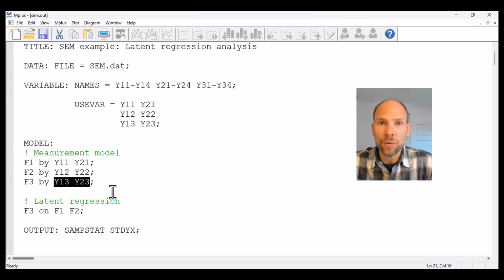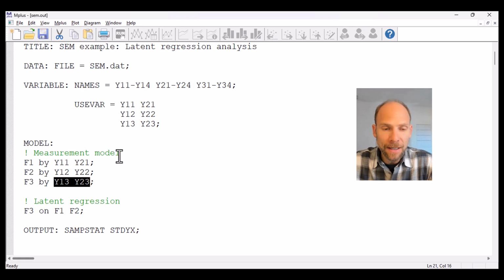By using two indicators that each may be less than perfectly reliable, we can correct for random measurement error and obtain more reliable results in the structural model, meaning regression coefficients that are not attenuated, not biased by measurement error. If you're more interested in this question of when to use SEM versus regression analysis, I also have a video on this channel on exactly this question. When would you prefer regression analysis versus when would you use SEM?